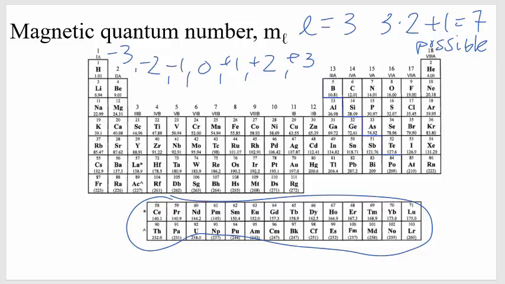So these are the 7 possible M sub L values, and we'll repeat this series twice. So -3, -2, -1, 0, +1, +2, +3, -3, -2, -1, 0, +1, +2, and +3. Okay, so that is the M sub L quantum number.